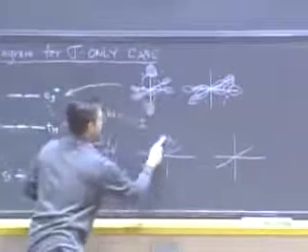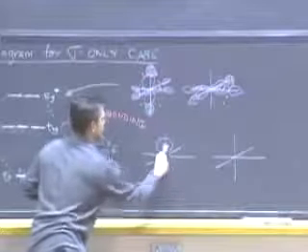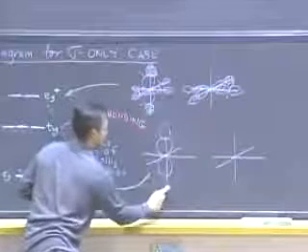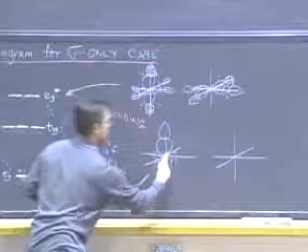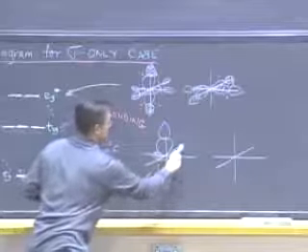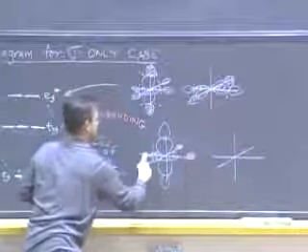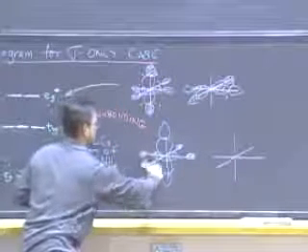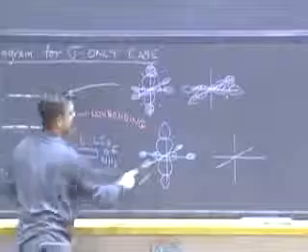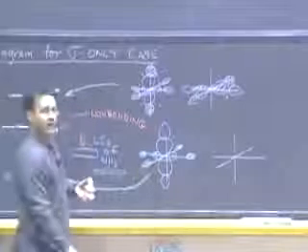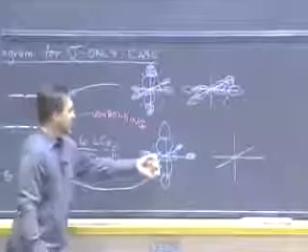Here we have dz squared, making a nice bonding combination. So it's interacting in an in-phase manner with that linear combination. So we have bonding both in the xy plane and strongly along the z-axis. That's a bond. That's one of these two bonds.